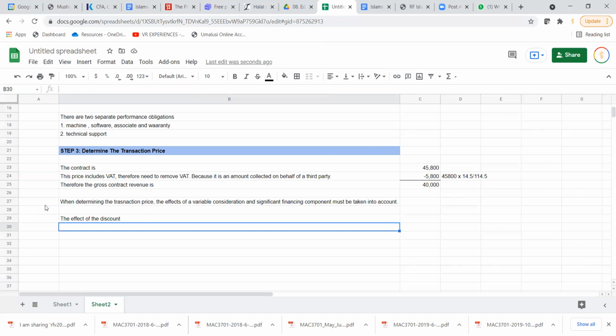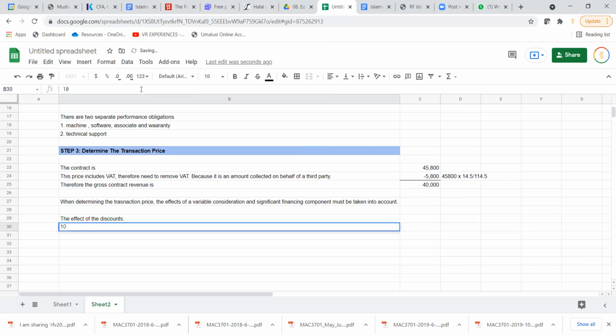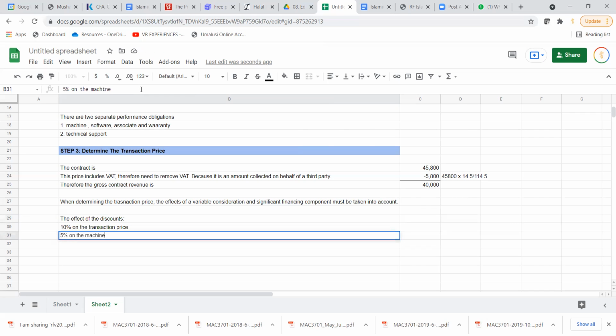Okay, so that's important to understand. So the effects of the discounts: it is 10% on the transaction price, and then also 5% on the machine, on the checkout machine.